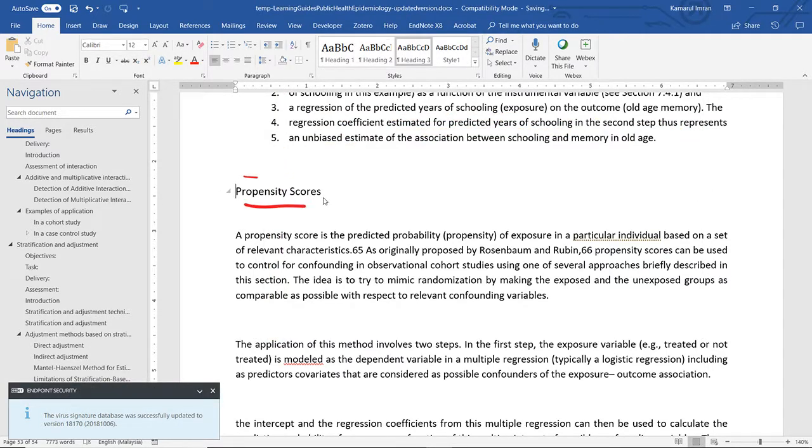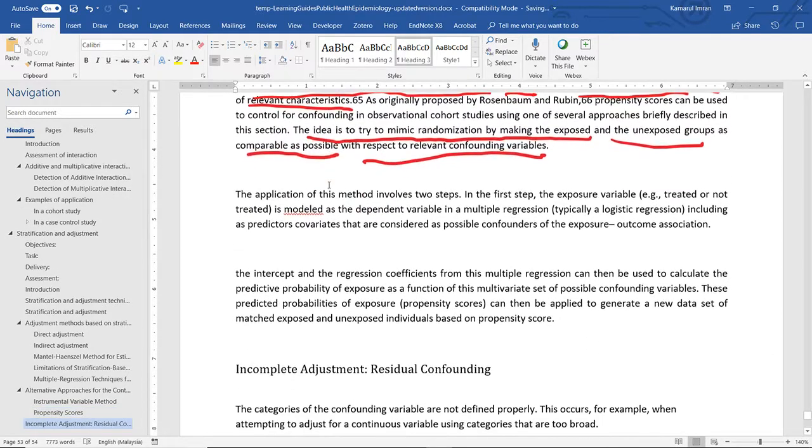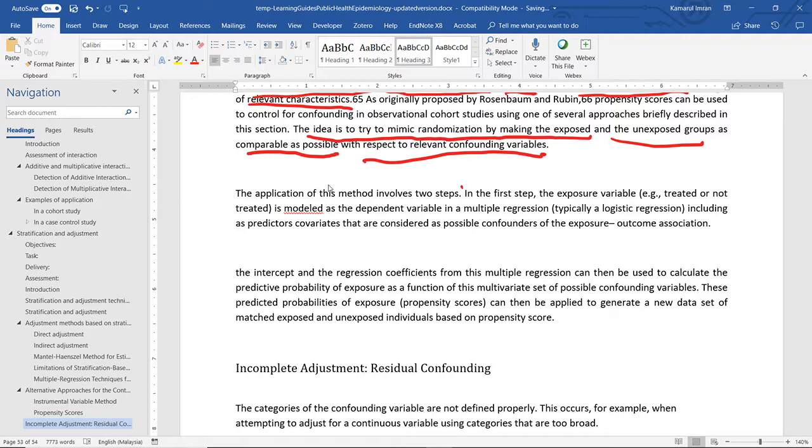Next is propensity scores. A propensity score is the predicted probability or propensity of exposure in a particular individual based on a set of relevant characteristics. The idea is to try to mimic randomization by making the exposed and the unexposed groups as comparable as possible with respect to relevant confounding variables. So it also involves 2 steps.